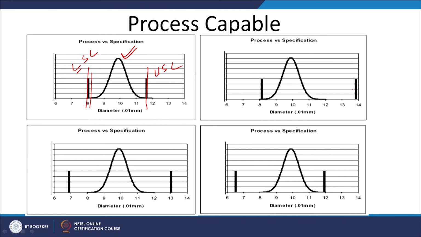In this case, the upper specification limit is far away from the maximum variability of the process, and the upper and lower specification limits are far away from the kind of characteristics which will be offered by the product. So, in all these cases we will see that whatever variation in the characteristics of the product is taking place, those are within the acceptable limits.